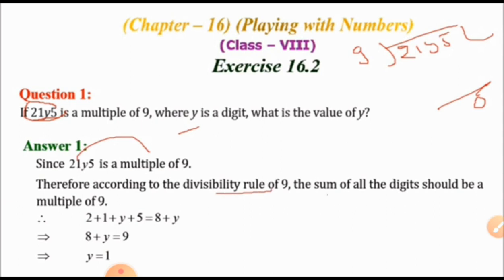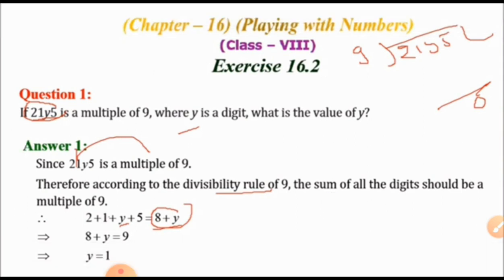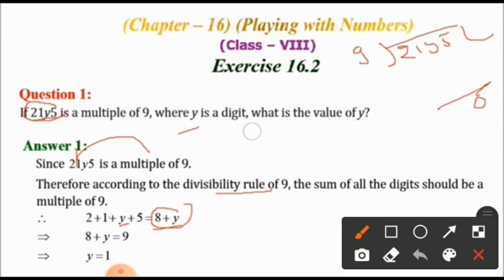Therefore, according to the divisibility rule of 9, the sum of all the digits should be a multiple of 9. Let's check. Total: 2 plus 1 plus 5 is 8, so 8 plus y is equal to 9. So I will check this: 8 plus y is equal to 9.